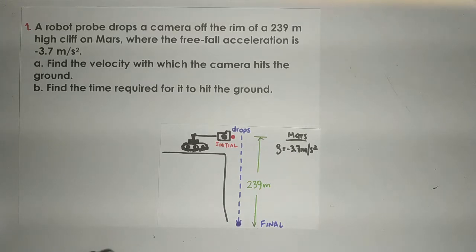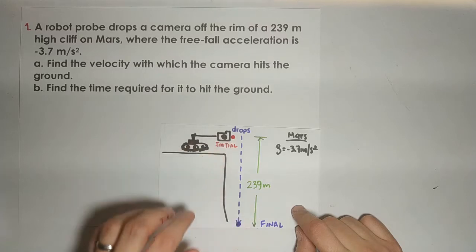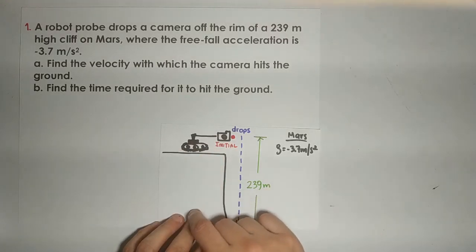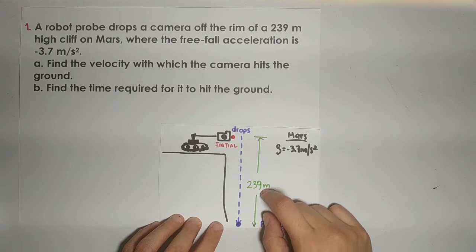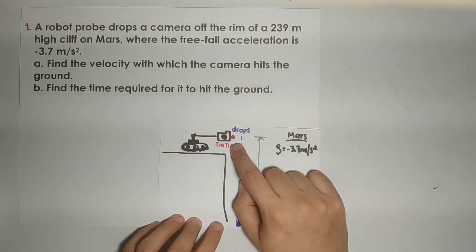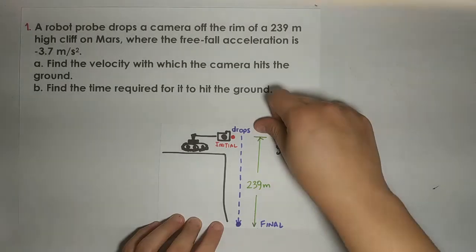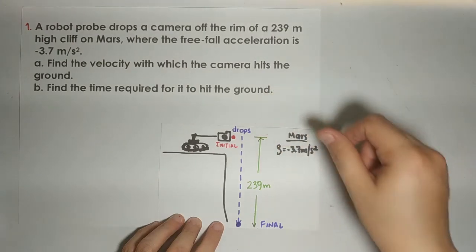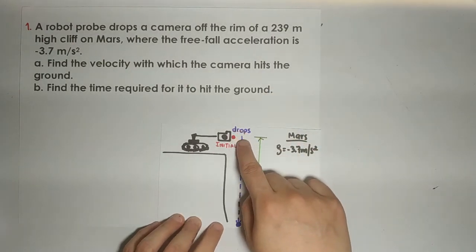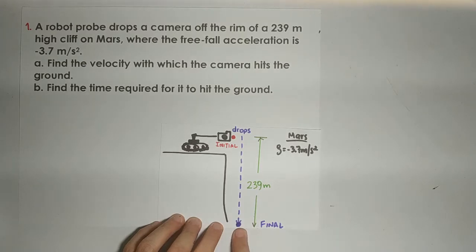Now let's see. This time we're talking about an initial position right here on the top. As this cliff is 239 meters, we say that the initial position of the camera is 239 meters positive, and as it is being dropped, it reaches the ground. As it reaches the ground, if you remember in the last exercise, the ground is 0 meters.